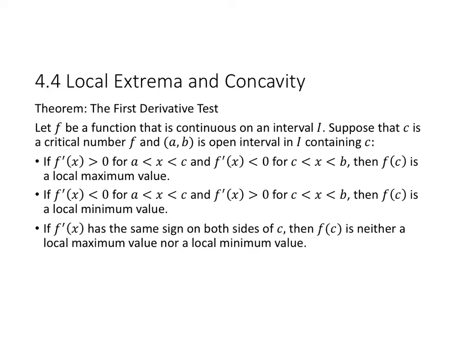If the opposite is true, if f prime of x is less than 0 for all x in between a and c, and it's greater than 0 for all x in between c and b, then f of c is a local minimum. If f prime of x has the same sign on both sides of c, then f of c is neither a minimum nor a maximum.